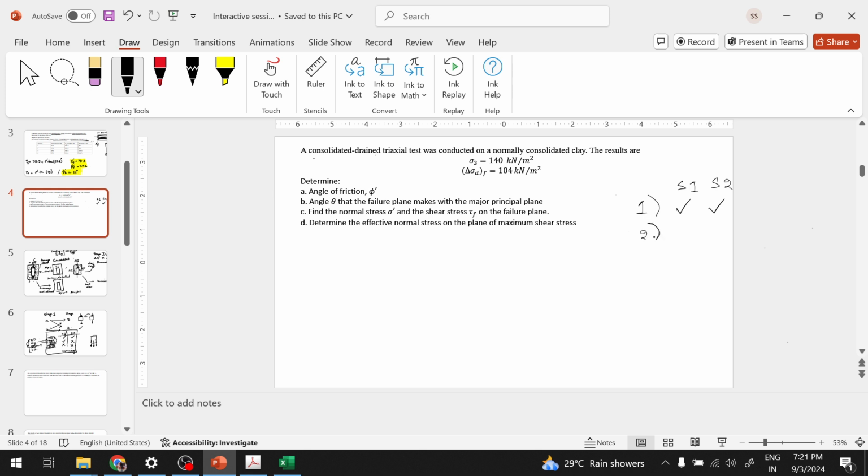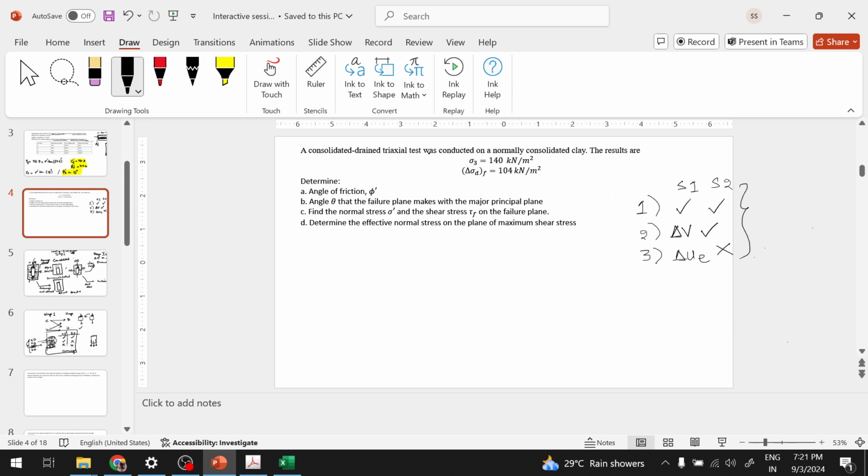Second thing that will come to our mind is consolidated drained, which means that there will be a volume change. And third thing is there will not be any excess pore water pressure generation. So these are the things that should come to your mind as soon as you read consolidated and drained in both stages. Okay.